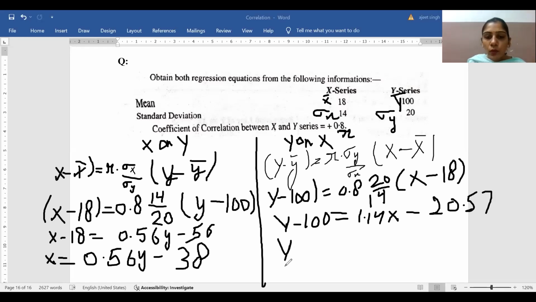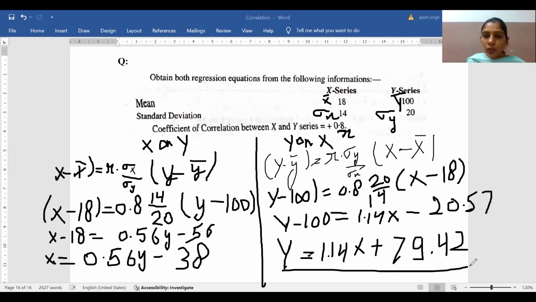Now the equation of y on x is basically 1.14x plus, taking this value to the opposite side of the equals sign, we subtract 20.57 from 100. So it will come to 79.42.